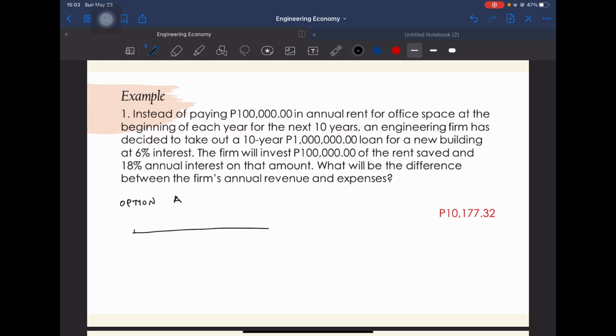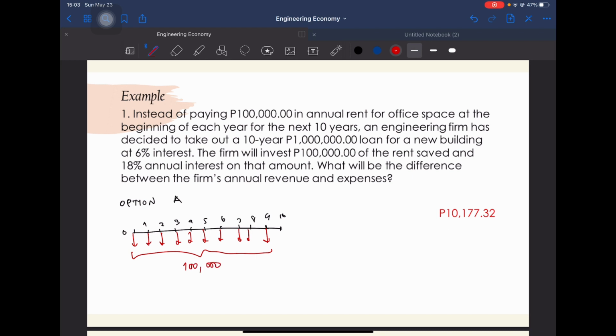So, buuin natin yung cash flow diagram. Okay. Then, for 10 years, magbabayad sila at the beginning of every year. Okay, that's 10 payments paid at the beginning. So, this is 100K.